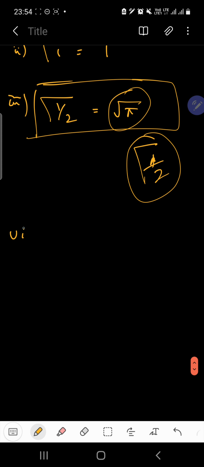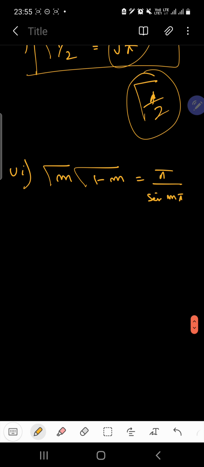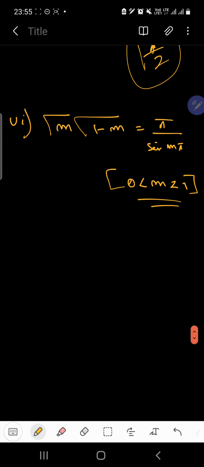So there is a very important property here, that you have gamma m times gamma 1 minus m is equal to pi over sine m pi. Clear? And here your m lies between 0 and 1. Clear? And if you put m equal to half here, what do you get?